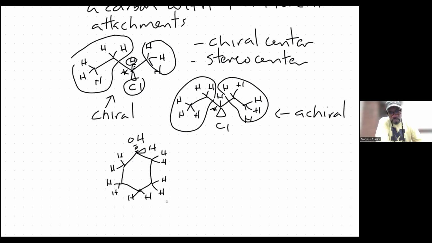So these carbons, this carbon, that one, none of those are chiral, right?